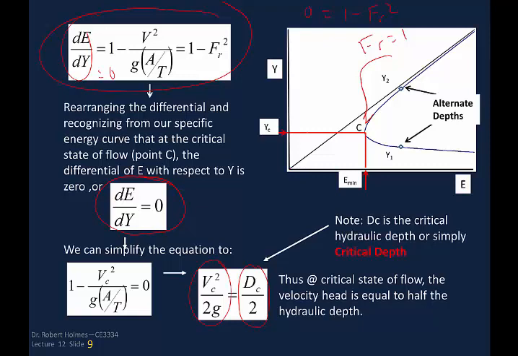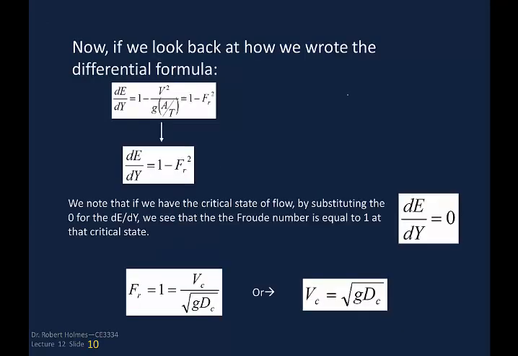And so as I look here, here is my critical depth value, and this is equal to Yc, because this is a 45-degree line, this distance here has got to be equal to V squared over 2g, which is also equal to Dc over 2, or the critical hydraulic depth divided by 2. So again, noted that the Froude number is equal to 1 at the minimum specific energy. I've said that right here.